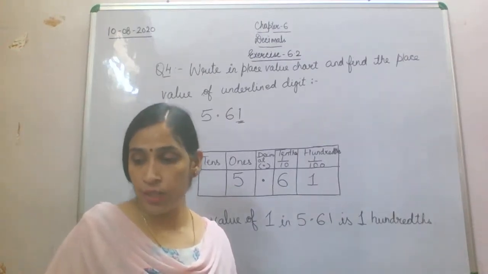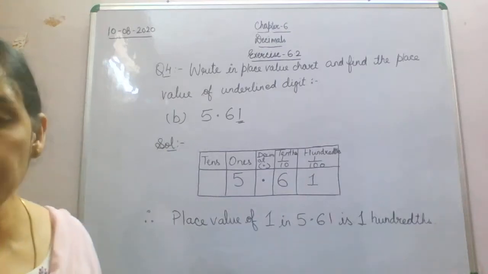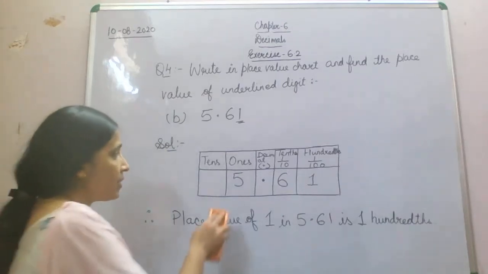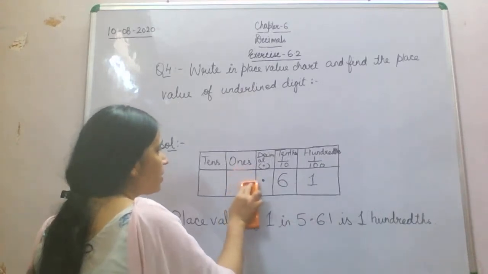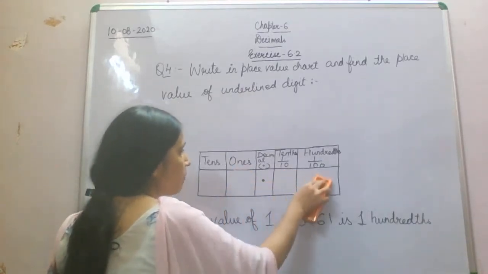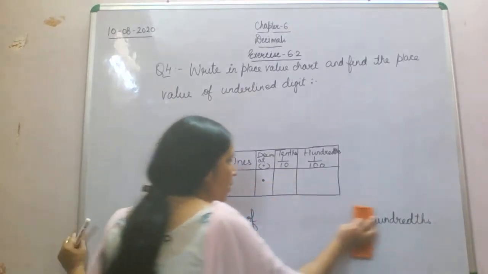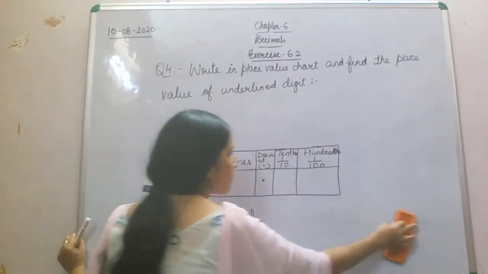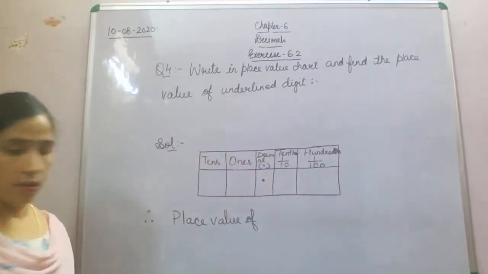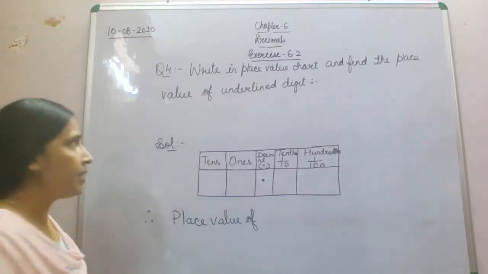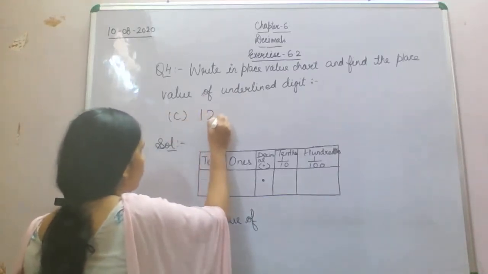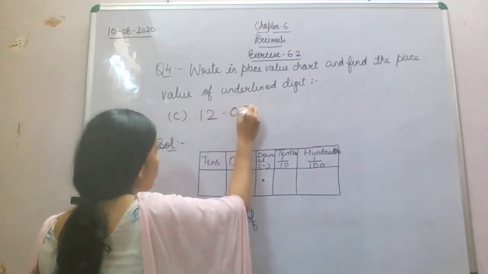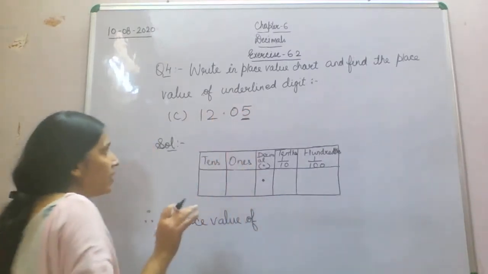Fine. Children, now we'll do C part of the same question, and this we are not going to change. C part is 12.05 and 5 is your underlined digit.